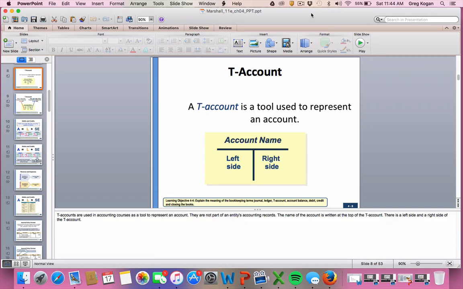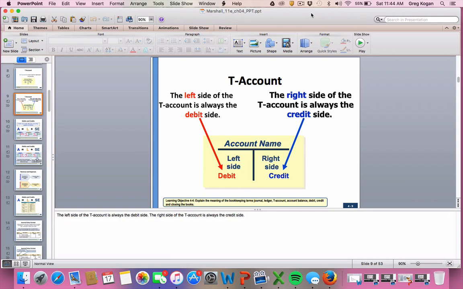So cash will keep getting hit with debits and credits. We'll do an example down the line. But the main point right now is that there's an ending balance that occurs after several debits and several credits.